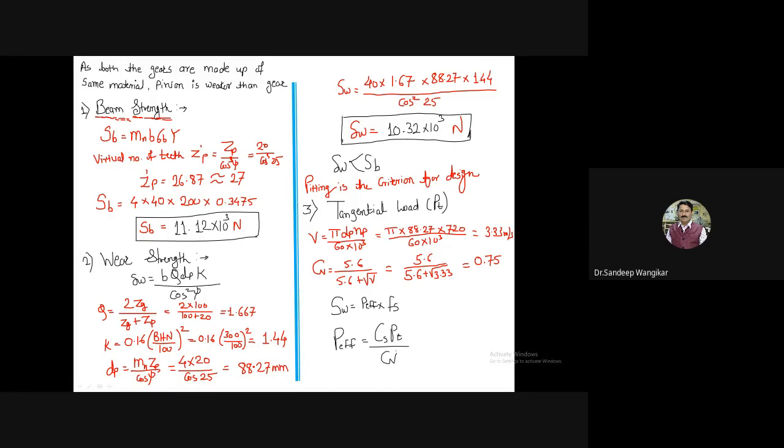I will substitute the value of P effective and write in terms of SW only.